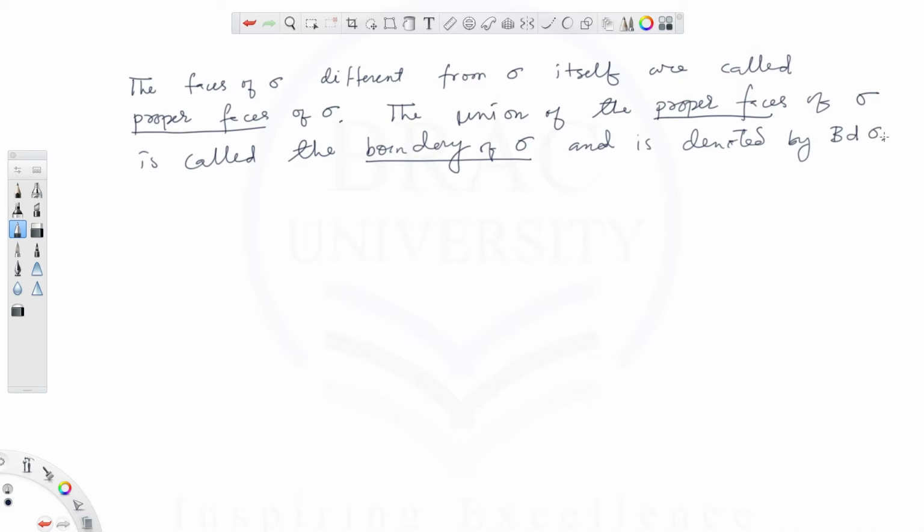Okay, so if we draw the tetrahedron again, which looks like this, A0, A1, A2, A3.